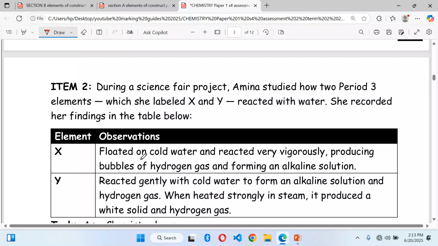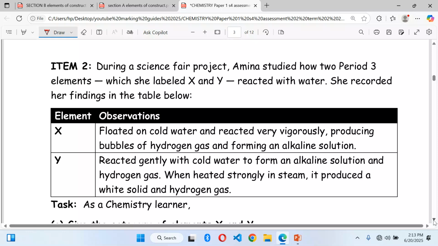Element X floated on cold water and reacted very vigorously, producing bubbles of hydrogen gas and forming an alkaline solution. Element Y reacted gently with cold water to form an alkaline solution and hydrogen gas. When heated strongly in steam, it produced a white solid and hydrogen gas.